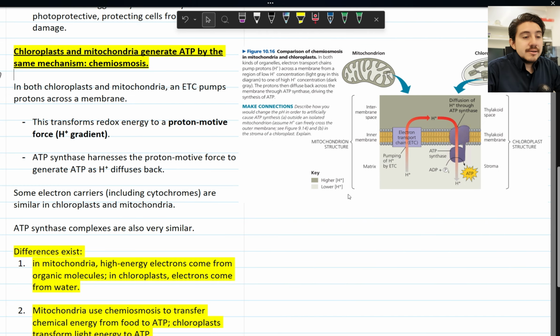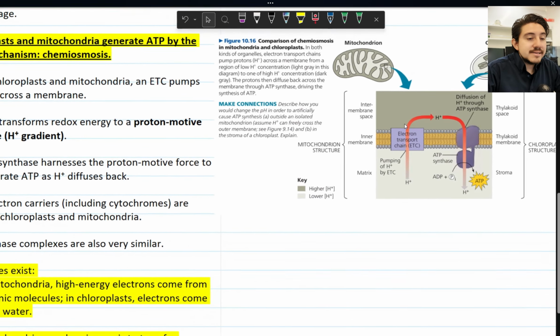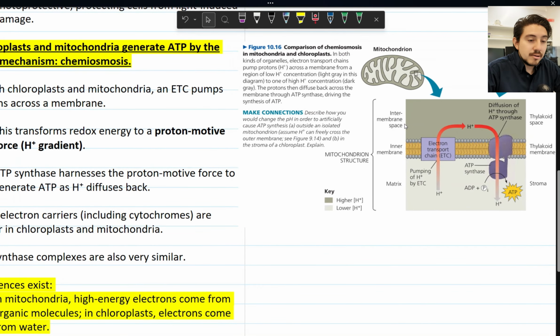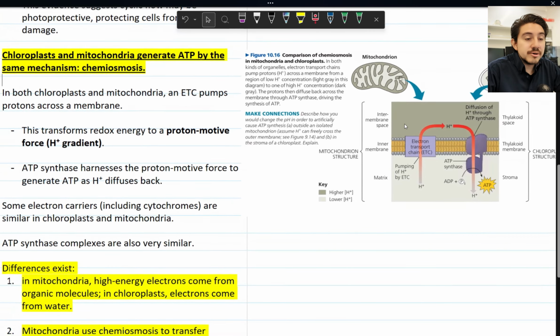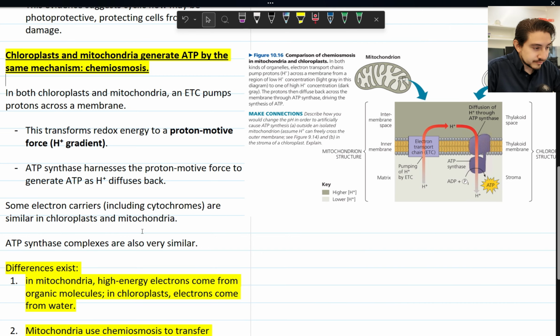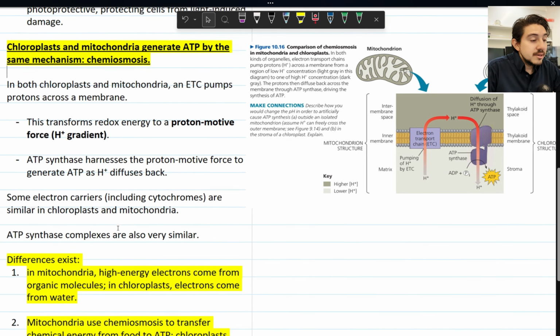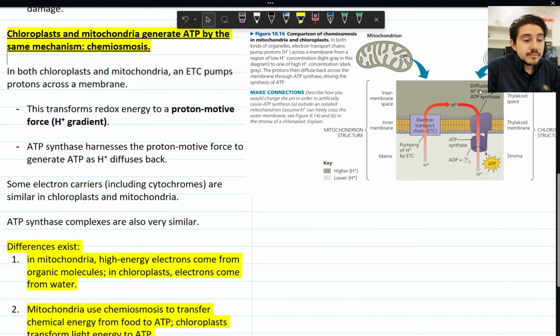As we know already, similar to mitochondria, ATP synthase will then harness that energy of the proton motive force to generate ATP, and hydrogen plus ions diffuse back. So just to note the locations.